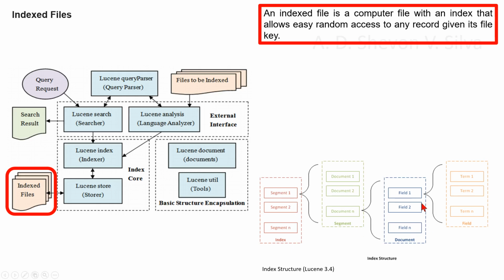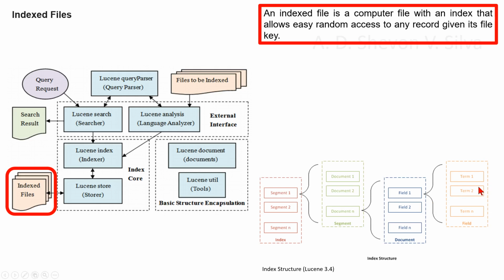Fields: when a document is added to an index, different sections of the document are identified and given a common name called fields. For example, document title, document body, hyperlinks, the document URL, etc. Terms: the words in the field are extracted and are stored in the index as terms.